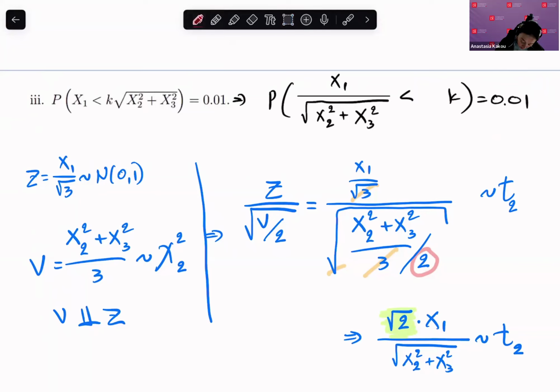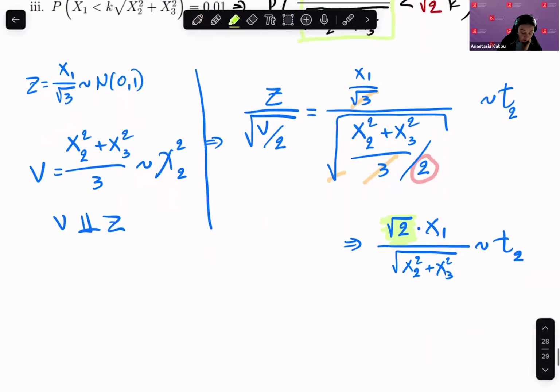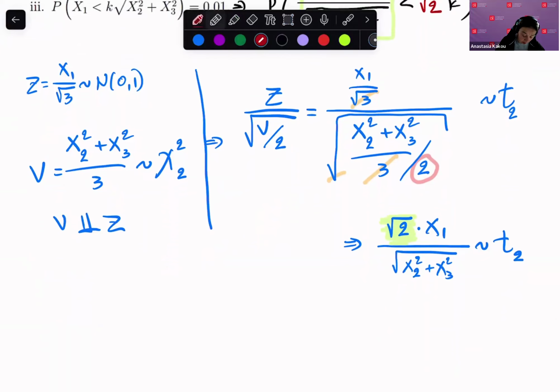The way to find that probability is to multiply both sides by the same term. Okay, and now this is a t-distribution with 2 degrees of freedom. And so we need to look at the statistical tables.